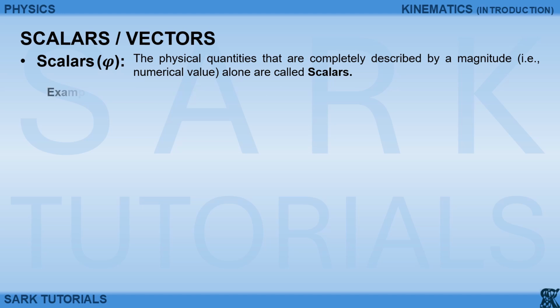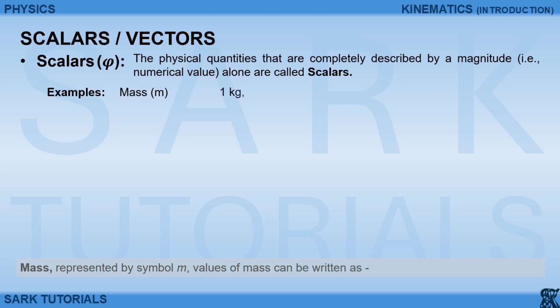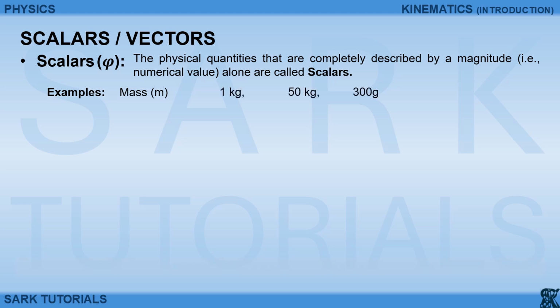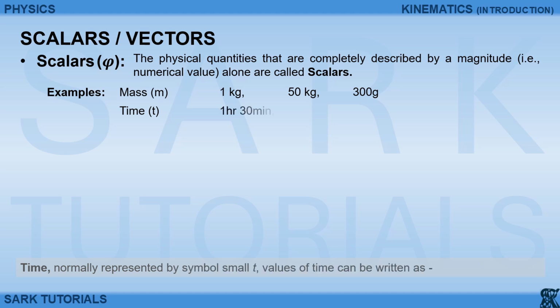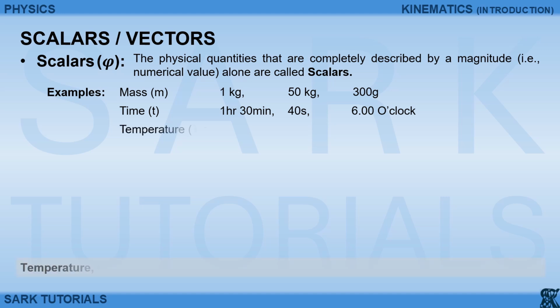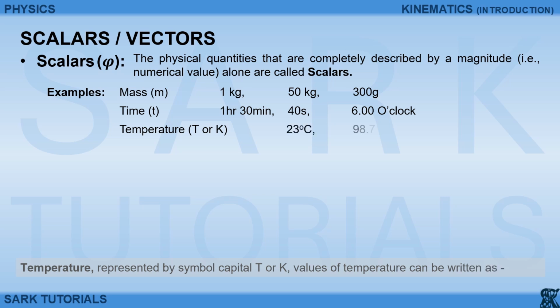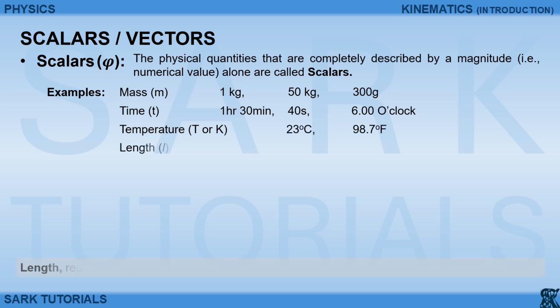Examples of scalar quantities are mass, represented by symbol m; the value of mass can be written as 1 kilogram, 50 kilogram, 300 gram. Time, represented by symbol small t; values of time can be written as 1 hour, 30 minutes, 40 seconds, 6 o'clock. Temperature, represented by symbol capital T or K; values of temperature can be written as 23 degrees Celsius or 98.7 degrees Fahrenheit.